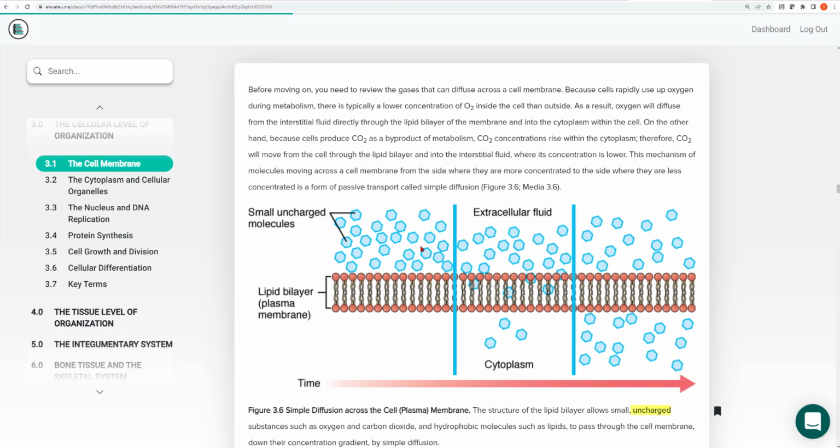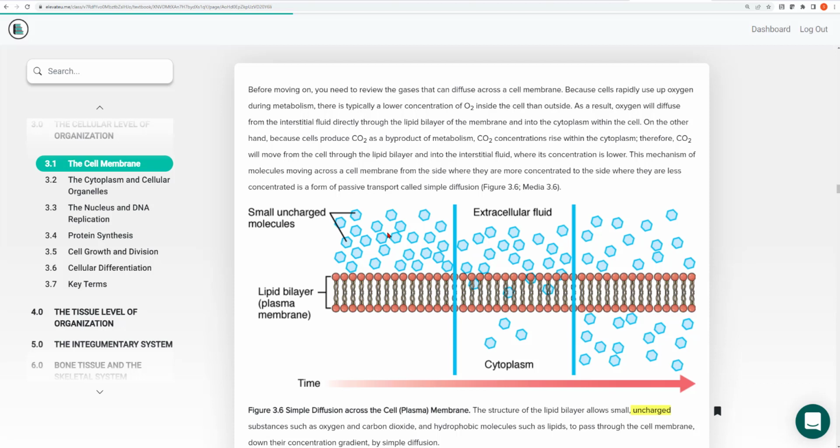What this is showing you is that lipid molecules are able to travel across the cell membrane. They're not interfered with. If you know anyone who is on an estrogen patch or a testosterone gel, testosterone and estrogen are in fact fats.